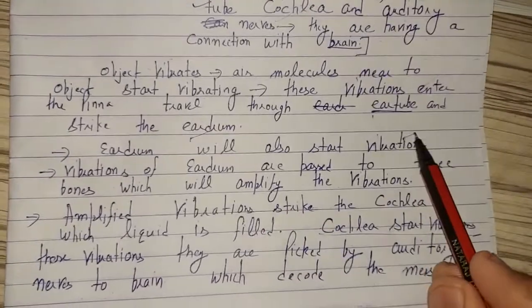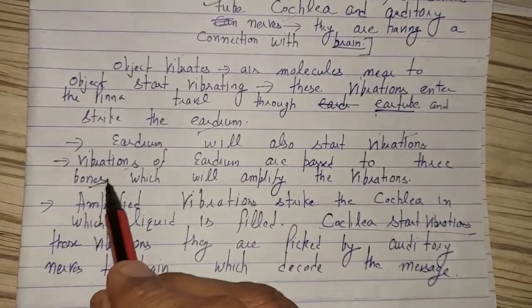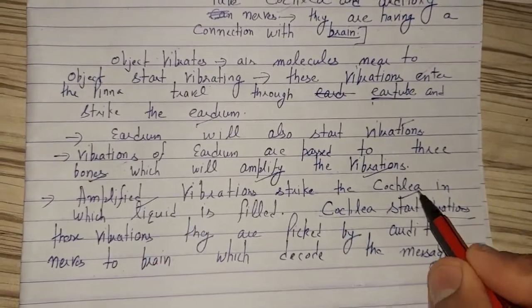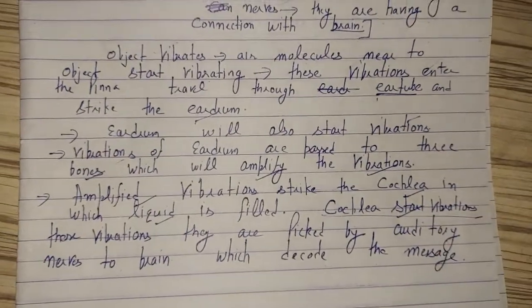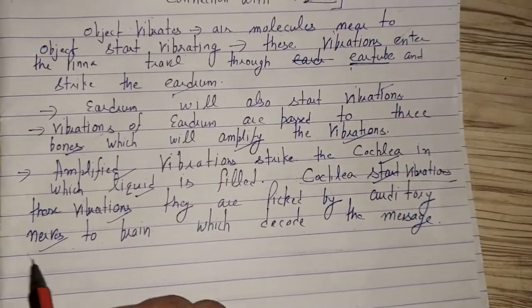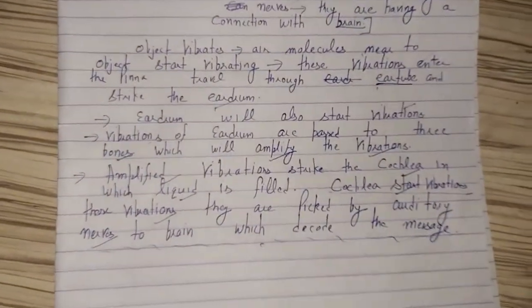The eardrum starts vibrating. These vibrations are sent to the three bones, which amplify them. Amplified vibrations strike the cochlea, in which a liquid is filled. The cochlea starts vibrating, and these vibrations are picked up by auditory nerves, which carry them to the brain, which decodes the message.